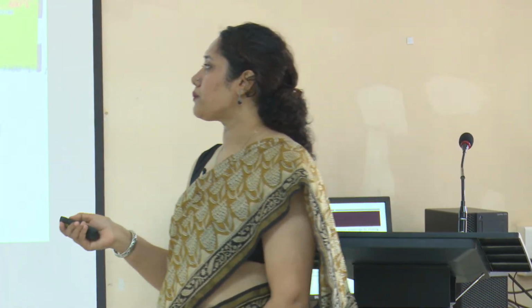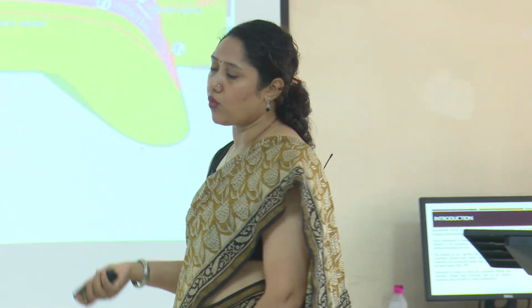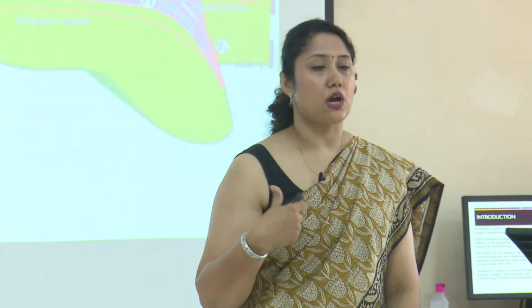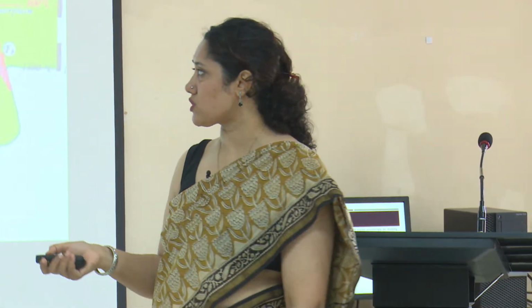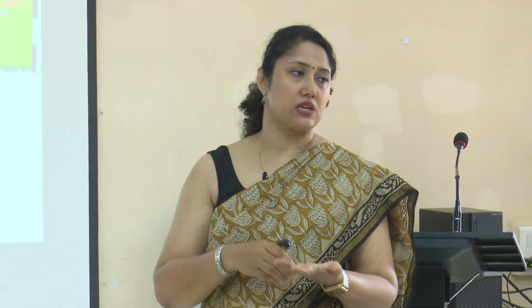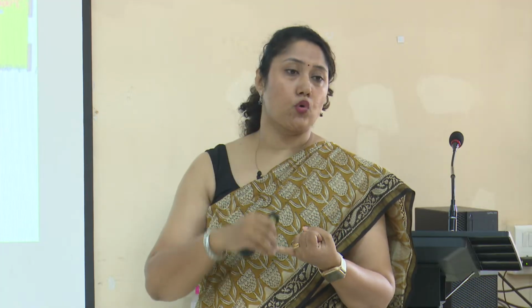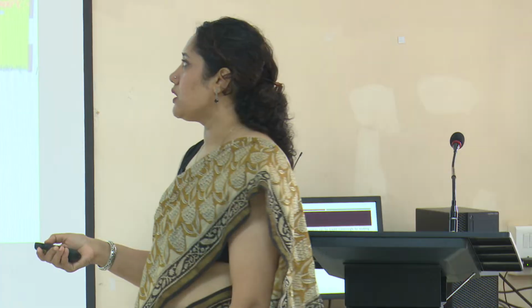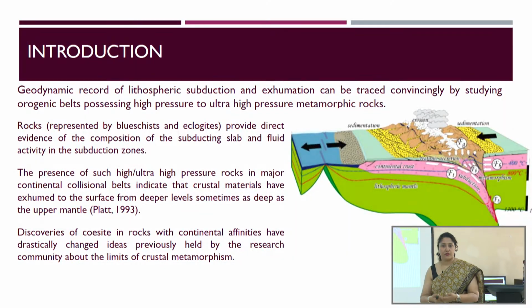Okay? Not all orogenic belts have ultra high pressure or high pressure rocks, mostly high pressure, but not all the time ultra high pressure rocks are preserved, and that is why when we find them, it's very important to understand both prograde or subduction processes as well as exhumation processes. Okay? How do you understand whether a rock has undergone ultra high pressure metamorphism?